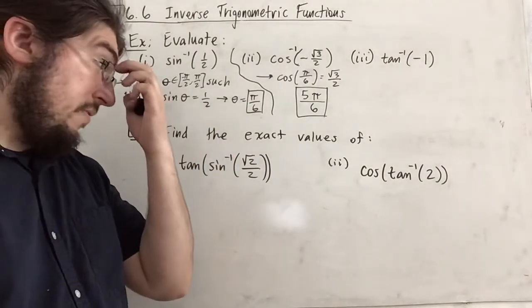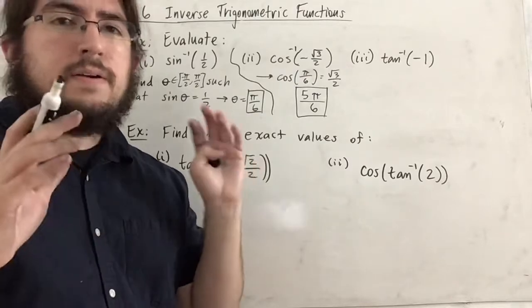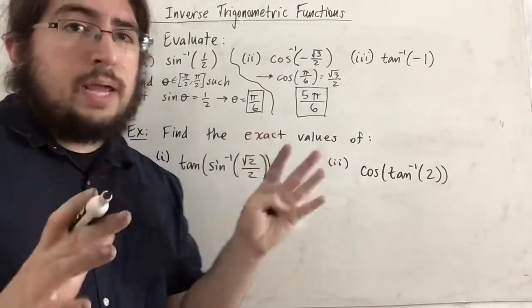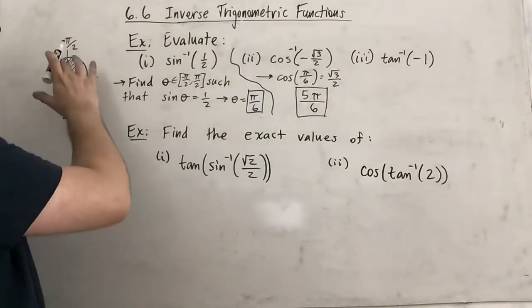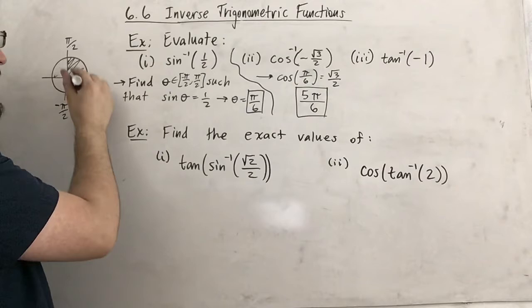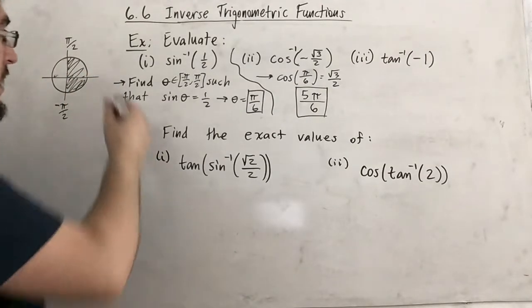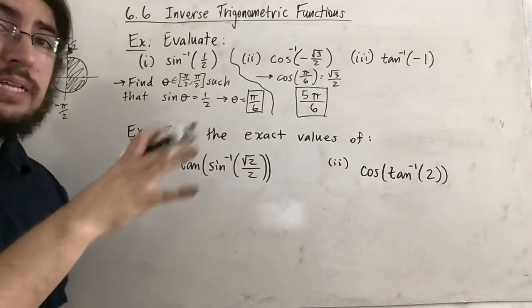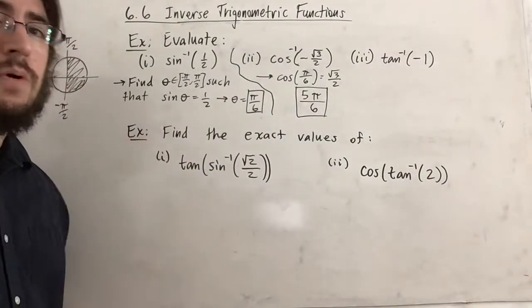Now for tangent inverse of -1. Remember, for tangent, the domain for tangent to be 1-to-1 was the first and fourth quadrant of the unit circle, right here and here. So when is tangent negative? Well, it can't be negative in the first quadrant. Everything's positive in the first quadrant. So that means this angle has to be in the fourth quadrant.